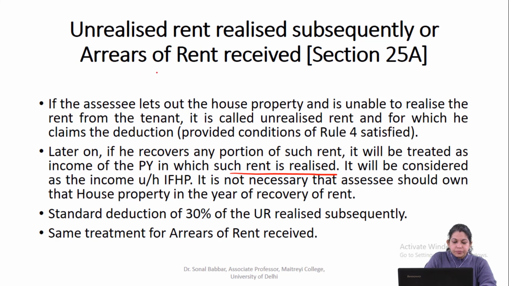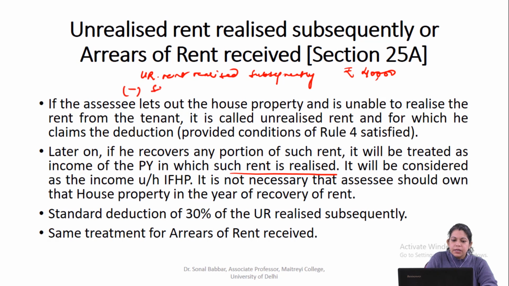So, unrealized rent realized subsequently, for which the deduction was already claimed by the assessee in some earlier year. Now this has been realized subsequently. For example, the amount realized is 40,000 rupees.